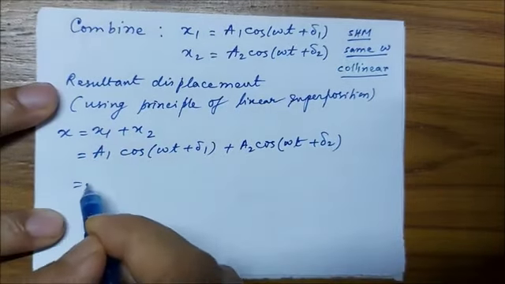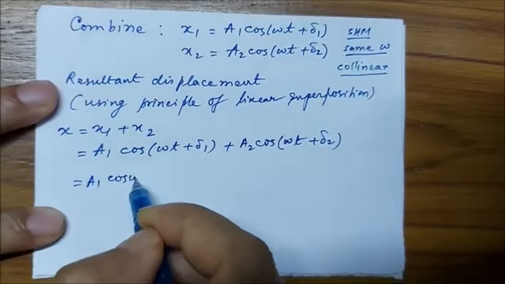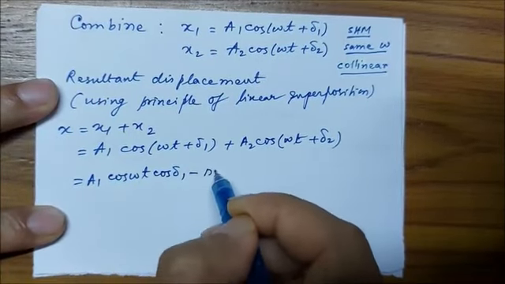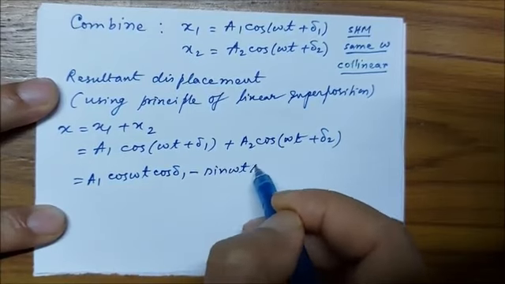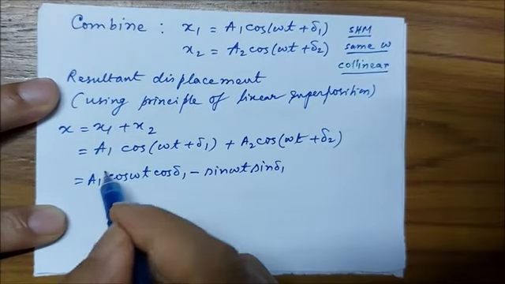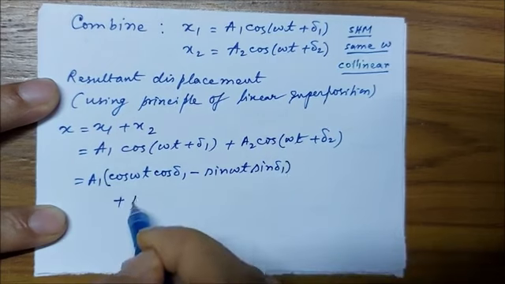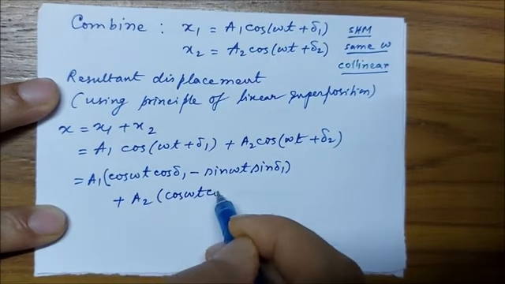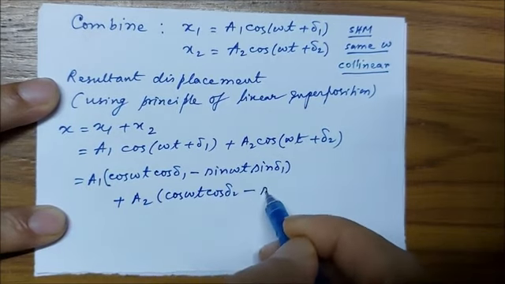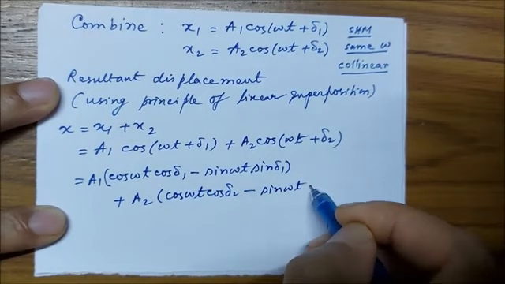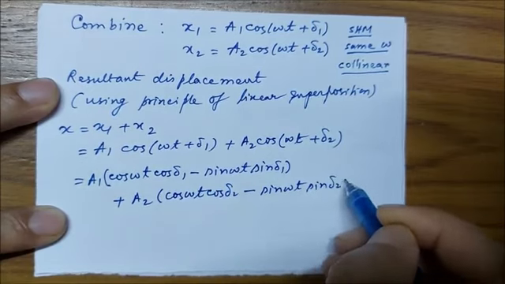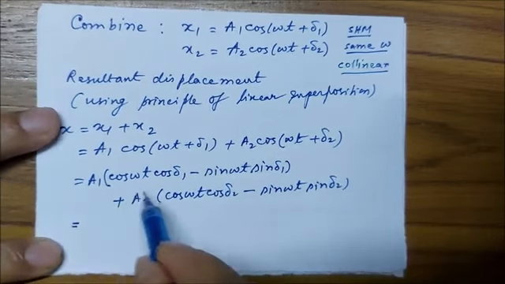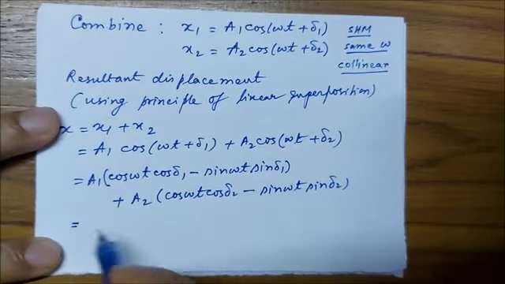Next, the cosines are opened up. So we have, and now we can take common cos omega t and sin omega t.